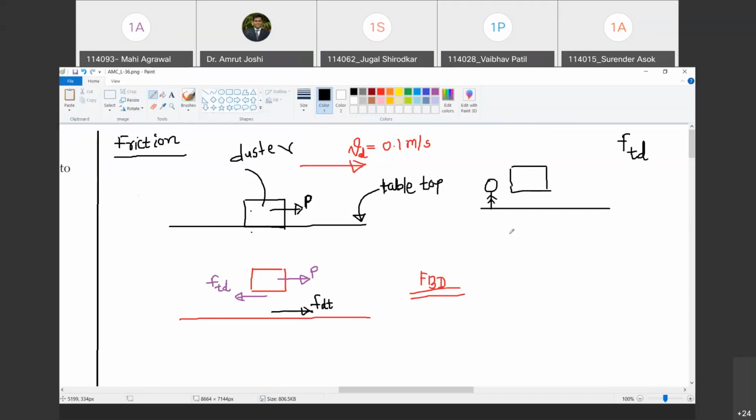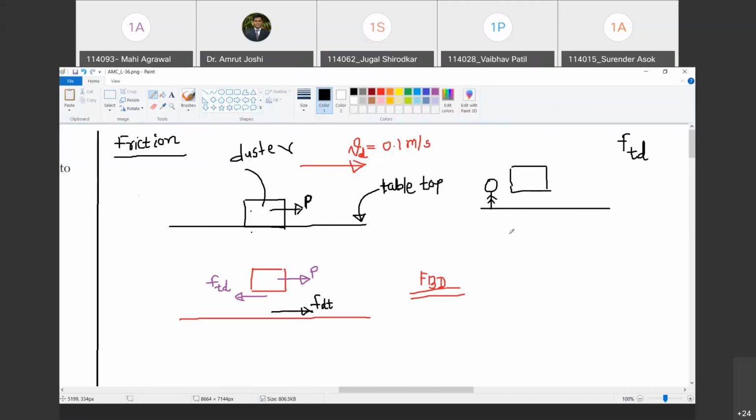Now the observer should observe the direction of the relative velocity of the duster with reference to the table. Happy? Yes, sir. What does the observer have to observe? The observer is now sitting on the table, so the velocity of the table is the velocity of the observer. So whatever velocity of the duster the observer observes is a relative velocity. Do you agree with me?